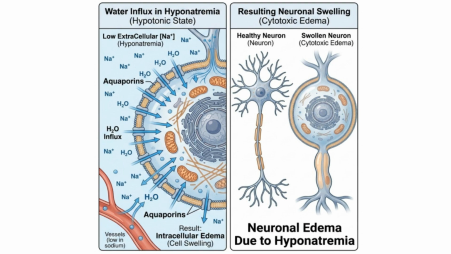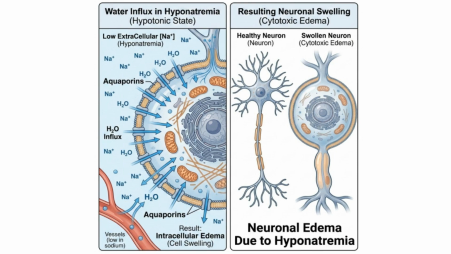So what happens when sodium level drops in the blood? Water from outside the brain cells moves into the brain cells to equalize the sodium level or the osmolality inside the brain cell versus outside the brain cell.